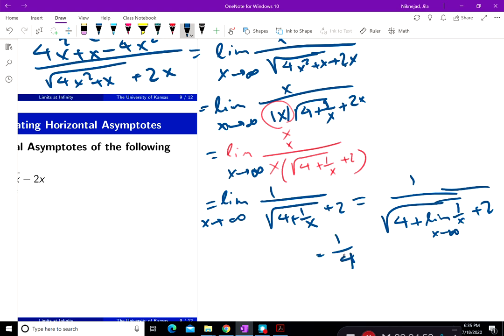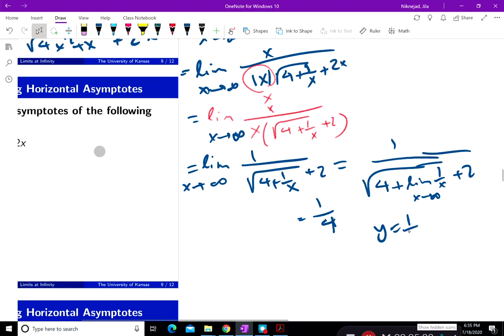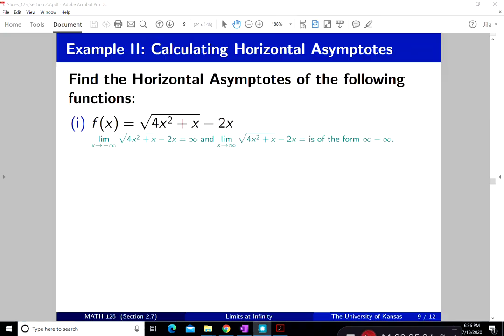So y equal to 1 over 4 is one of the horizontal asymptotes.